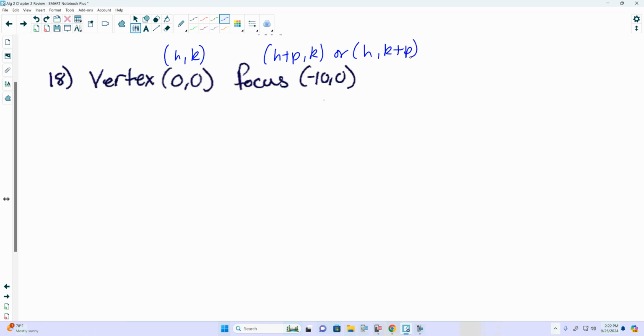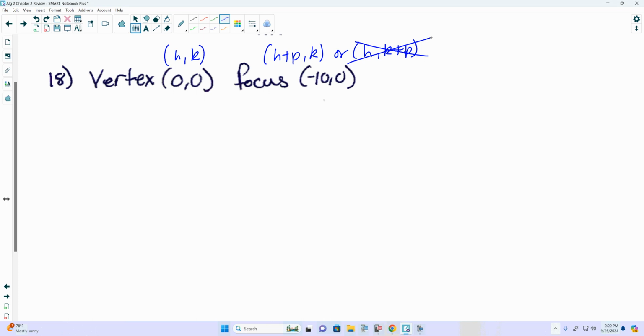The plus p is going to go on whichever one changed. Vertex is 0, 0. The focus is -10, 0. h or k, which one changed? h. So we would want h plus p comma k. We are not using h comma k plus p. You understand how we picked one of the two?